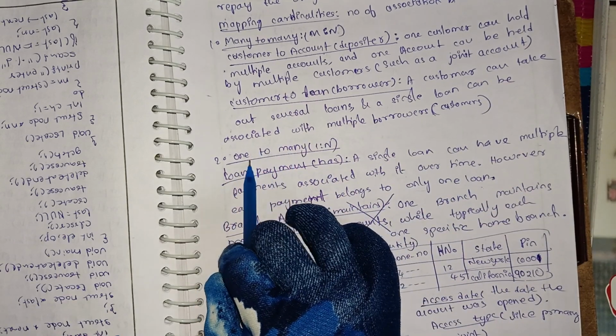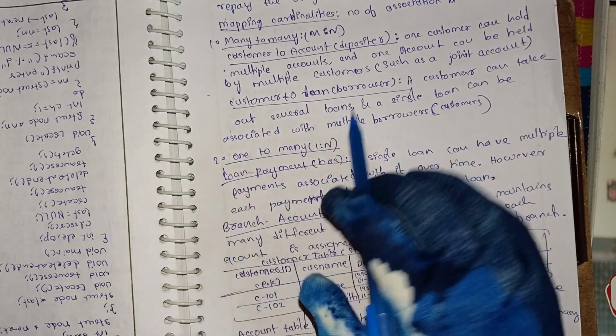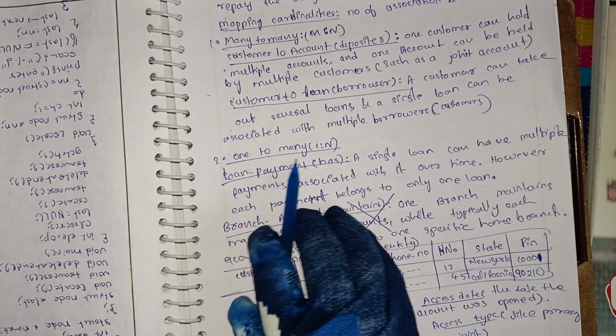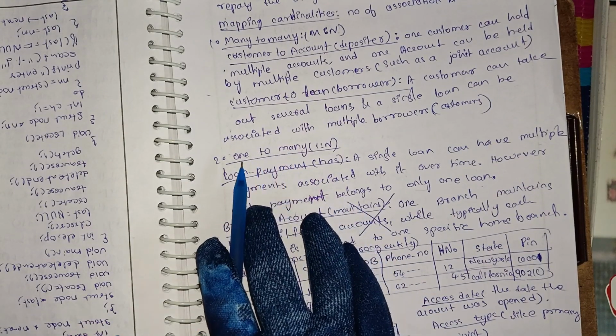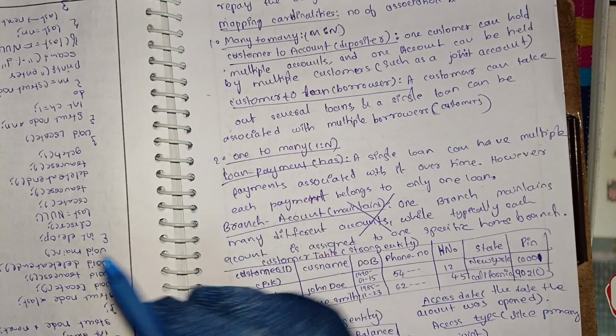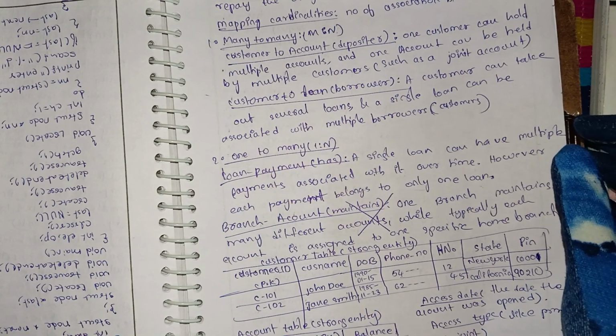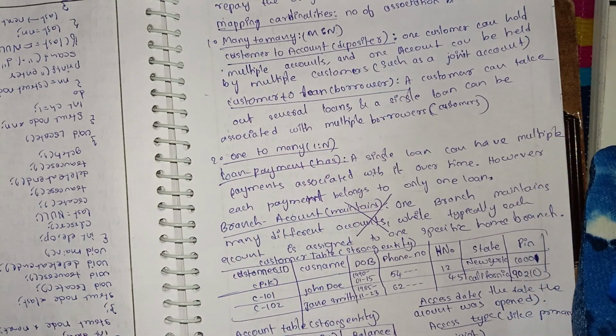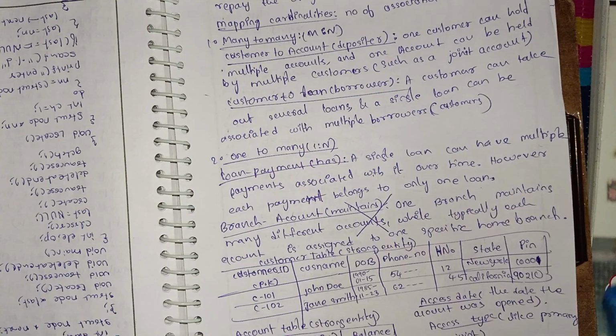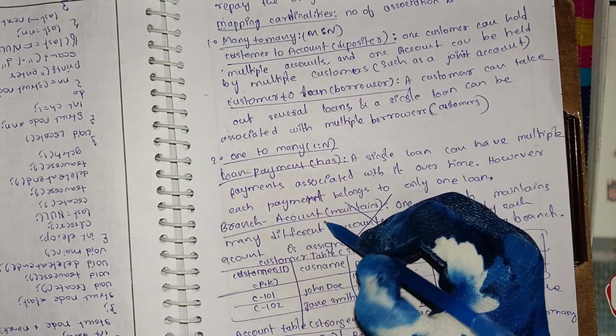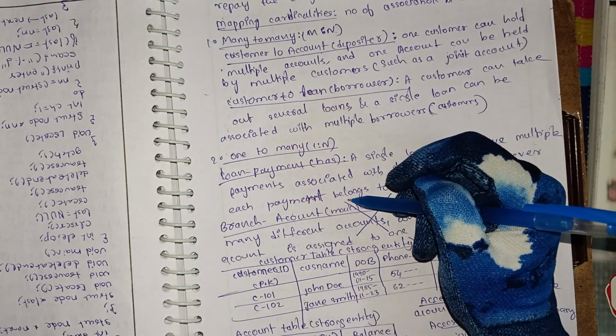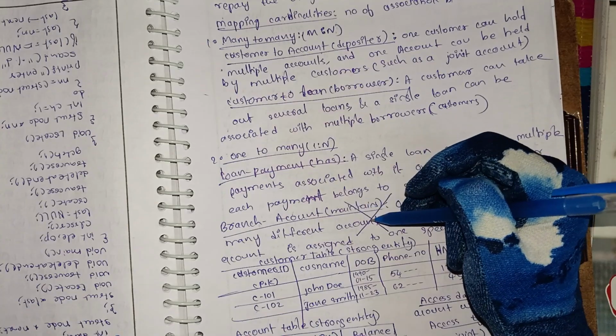That is a many to one relationship. So that's the process of statement making in each mapping cardinality. Next, the bank to account mapping cardinality I will explain.